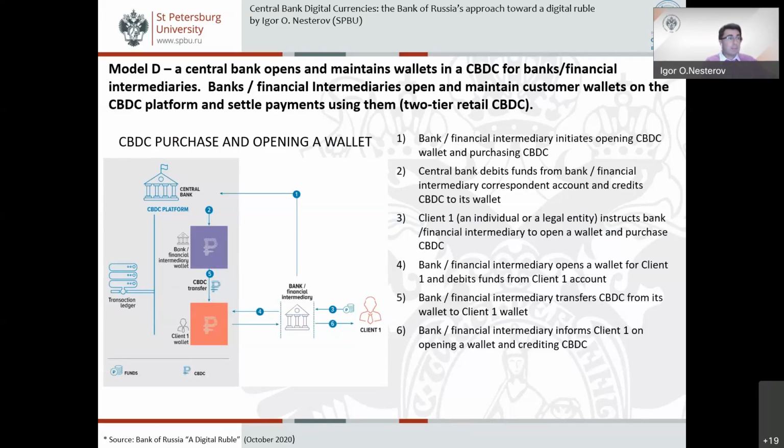So we can see that it looks like Model C, but the key difference is that in Model D, the central bank will open CBDC wallets for commercial banks and financial intermediaries that will get access to the CBDC platform. And banks and financial intermediaries will open CBDC wallets for clients, that is households, individuals, and companies.